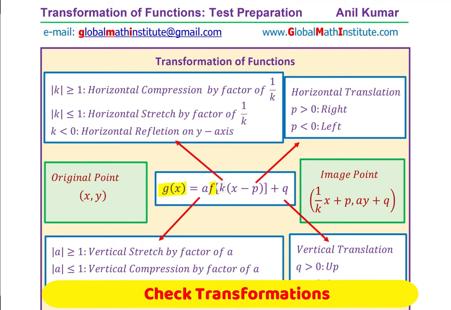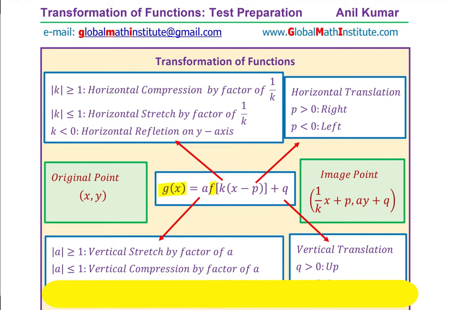The k inside relates to horizontal compressions, stretches, and reflections. These reflections are on the y-axis. And then we have the parameters p and q. p means translate p units right and q means translate up, if both are positive. Their meanings, very well known to you, are here just for you to recall.